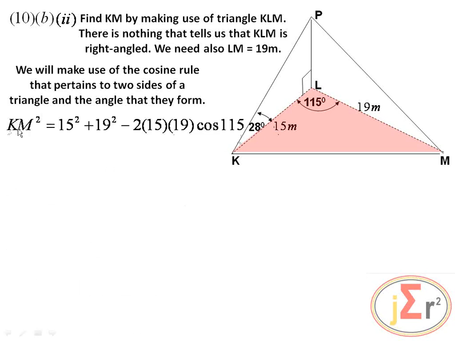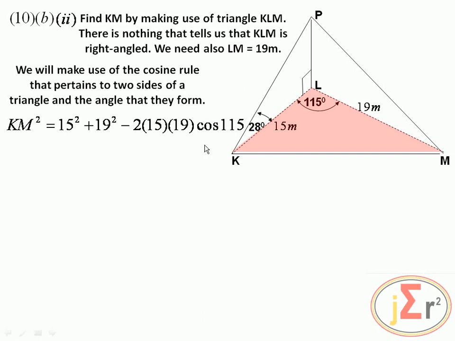So the cosine rule says that the one opposite to the angle is equal to this one squared plus this one squared minus 2 times this times the cosine of the angle that the two sides form. And right here, CSEC, well, I don't think that they set a trap. It's just that they need the students to be aware that the cosine of an obtuse angle is negative.